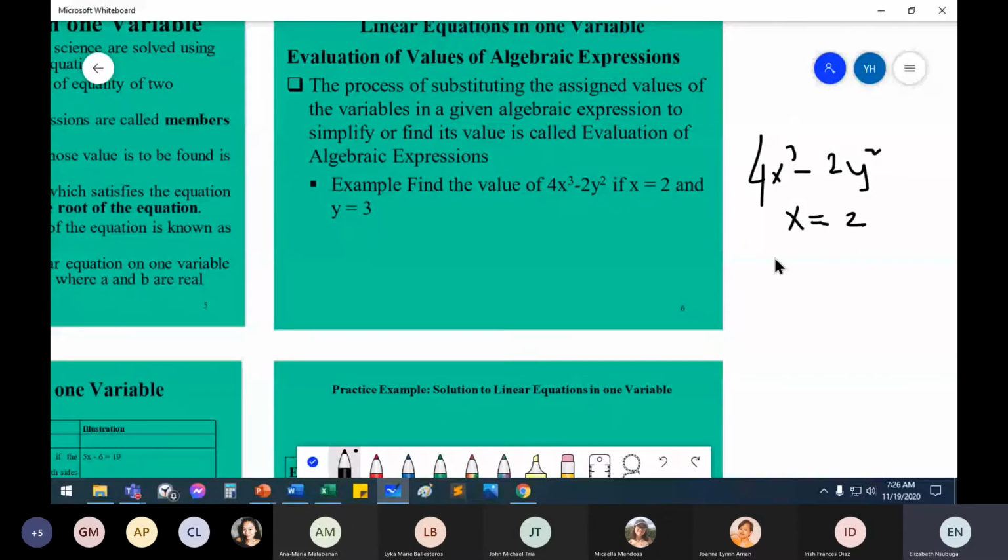That's why I will not spend any time on it. You just have to put these values here. 2 times 2 times 2 is 8 times 4, 32. What am I doing? Evaluating. 3 times 3, 9 times 2, 18. That is called evaluating: substituting the values which are given to you to find the value of the expression you have been given.